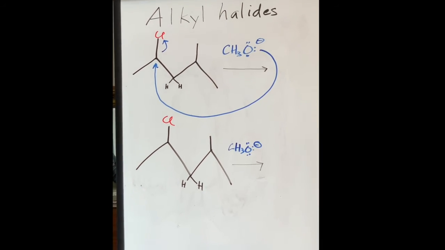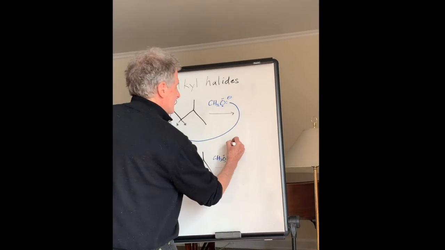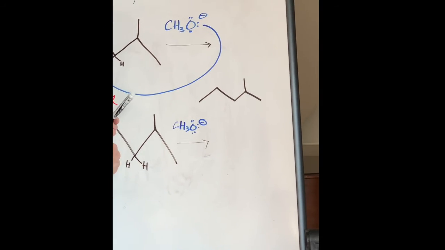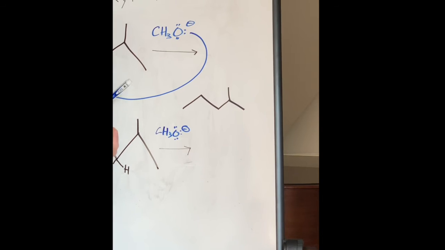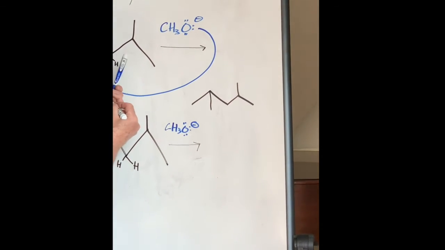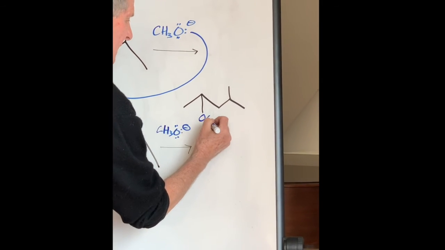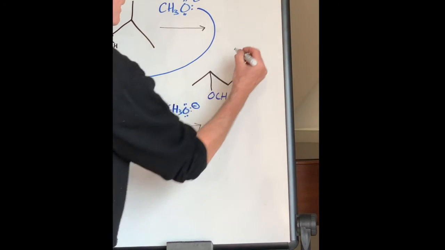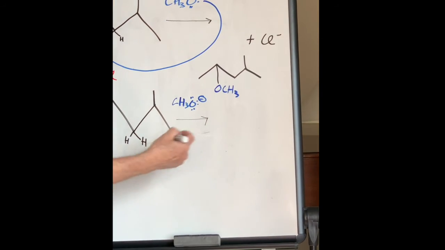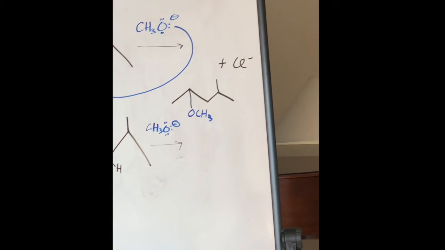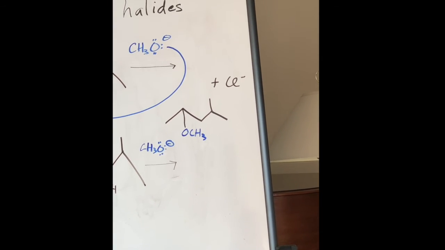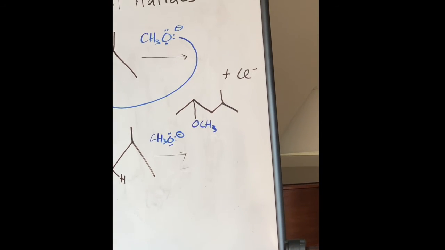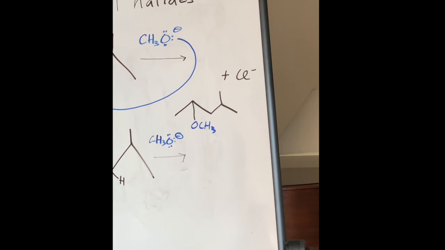Now, the result of this, I'll try to draw it small because I don't have that much room, is the same framework of carbon atoms, but now we have the halogen gone, and I'll draw it down below here, that methoxide, the nucleophile, has formed a bond there. And the byproduct is chloride, Cl minus, the leaving group. Chlorine has left. What had been 2-chloro-4-methylpentane becomes 2-methoxy-4-methylpentane.